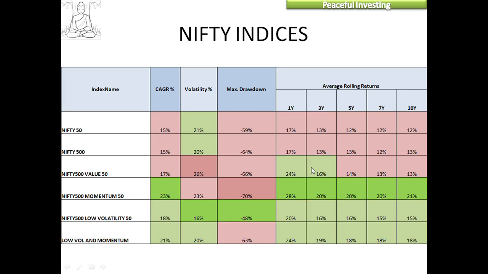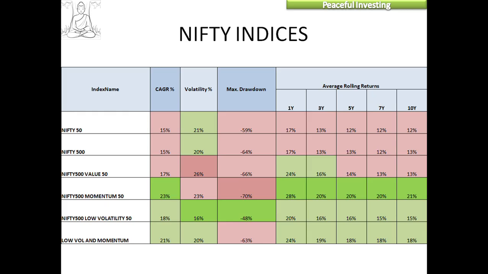This skewedness of return, even though the longer period returns remain close to Nifty 50 and 500, but the shorter period returns are much higher, and this maximum drawdown of 66% is actually reflected in the high volatility number of 26%. And CAGR also is pretty close to Nifty 50 and Nifty 500.